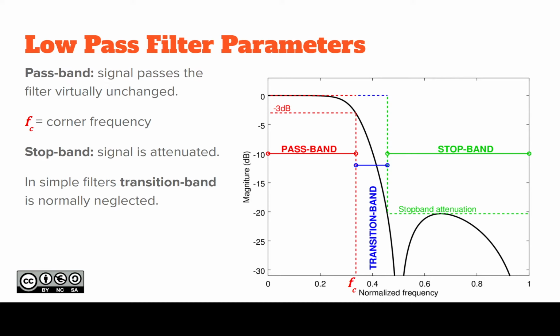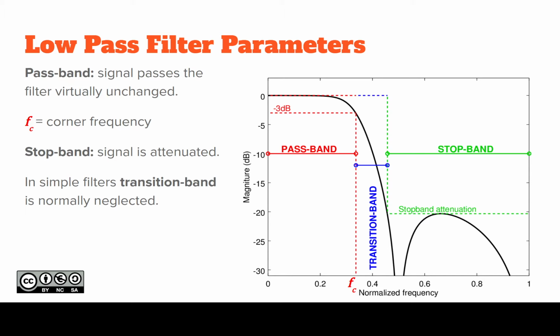On digital filters, the passband corner frequency is different from the stop band start frequency. And the transition band actually means how steep the filter is, so how much you need to change the frequency from the passband to the stop band.